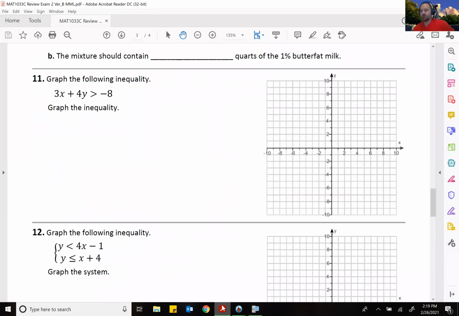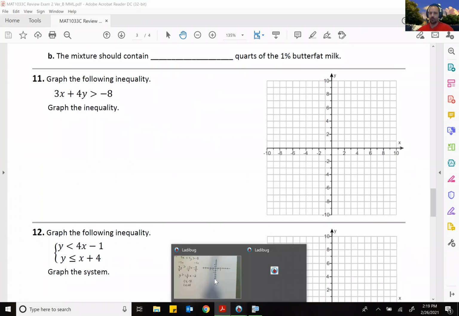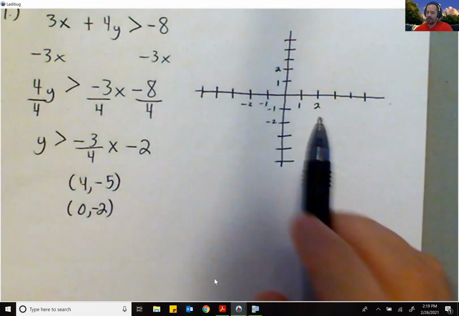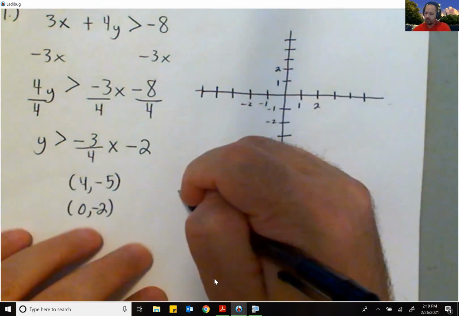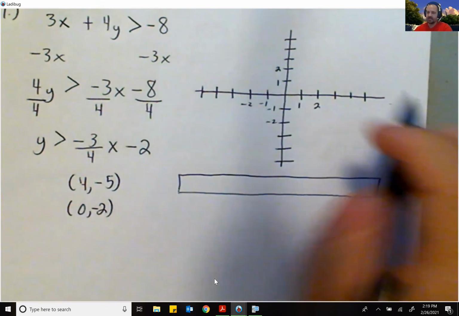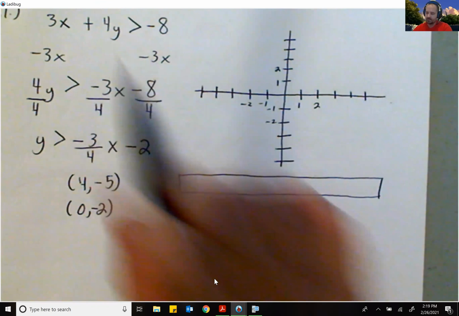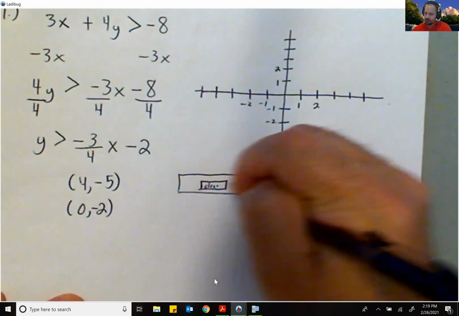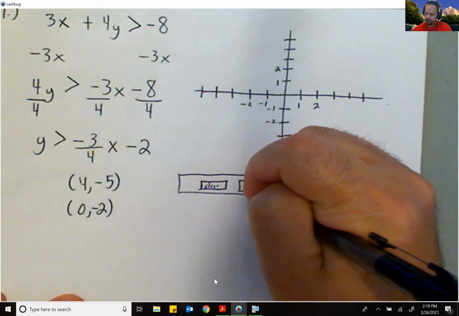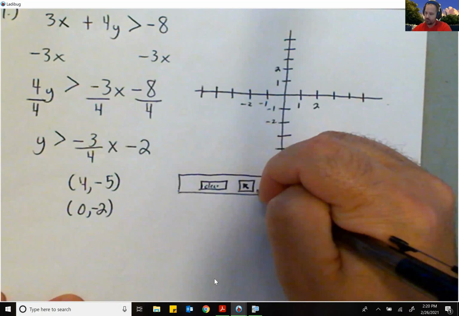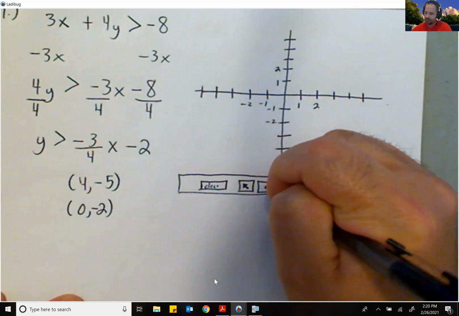All right. So let's go ahead and get this graphed real quick. Now, remember that when you click, we get our nice little toolbar. But because this is an inequality, we got a couple more things we need to use on the toolbar than what we did before. So you got the clear button. You've got your selector tool. You've got your point tool.